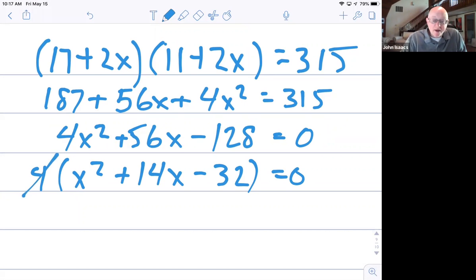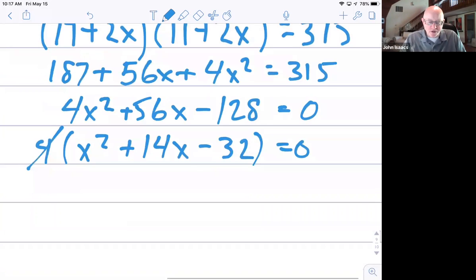We can divide it out of both sides if you want. That's not true if you're graphing 4x squared plus 56x minus 128 equals y. But because we're equaling 0, we're only concerned with the x-intercepts. Because we're only concerned with the x-intercepts, the 4 doesn't matter, because if you think about the graph, the 4 stretches it away from the x-axis. So we can just ignore the 4 for solving an equation.